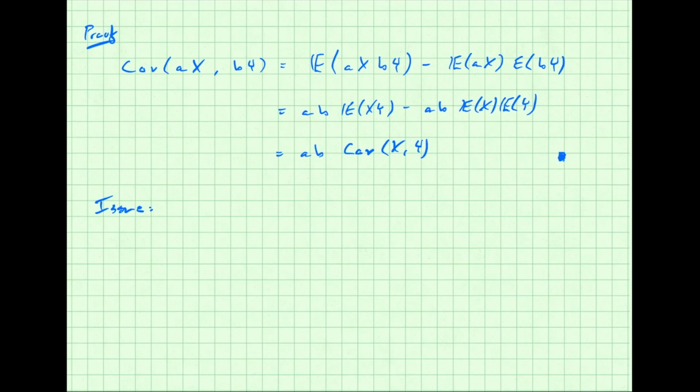And the reason for that is that, let's suppose that X and Y were physical things. Let's suppose that X were a length and Y were a time. Then if you just change their units, so instead of using meters for the length, you switch to inches, then that's like scaling X by some number, little a, right?